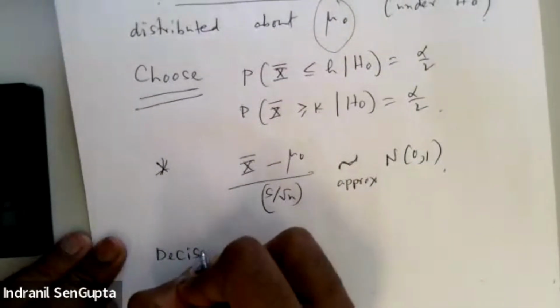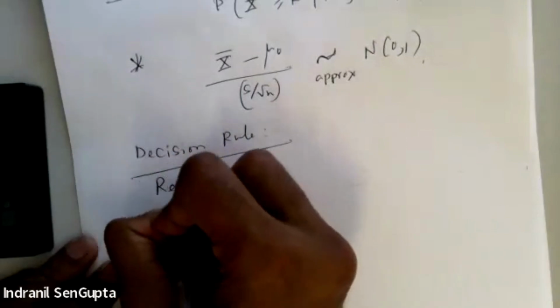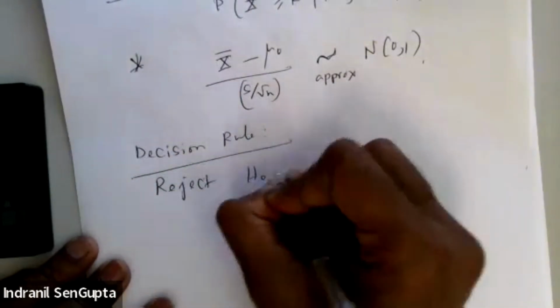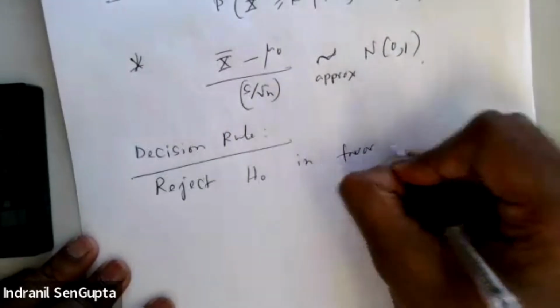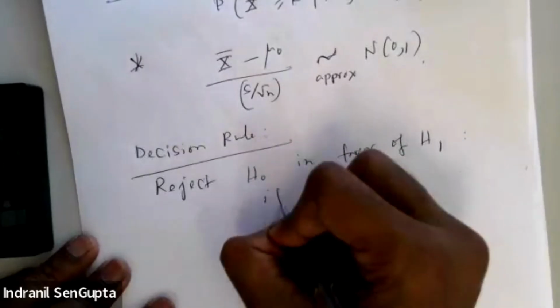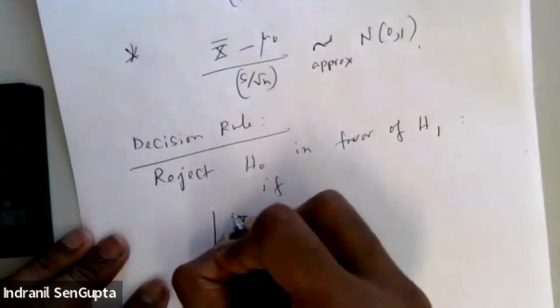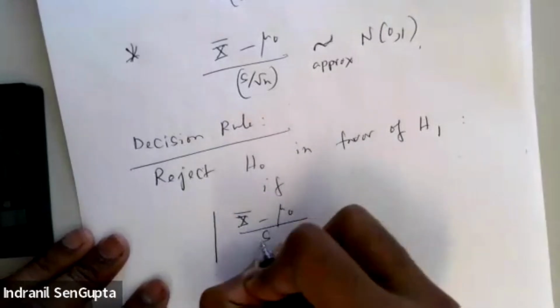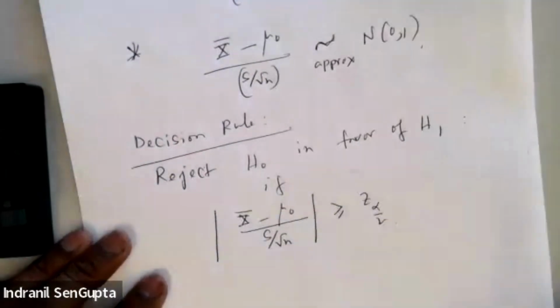So what would be a decision rule? A decision rule would be to reject H0 in favor of H1 if the absolute value of x bar minus mu 0 over s over square root of n is more than z of alpha over 2. So what is going on?